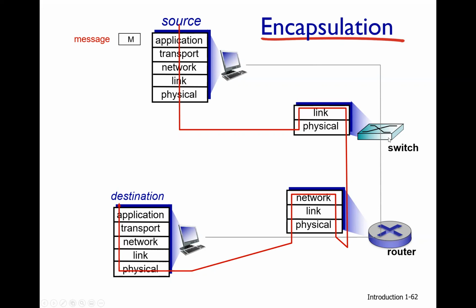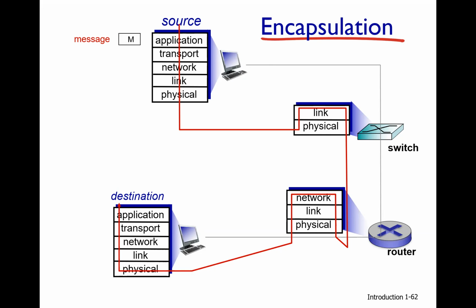This is really because their functionalities are only focused on the last 3 layers. And in the switch case, it only functions on the last 2 layers. So how many of the protocol layers are implemented is a major difference between switches and routers.